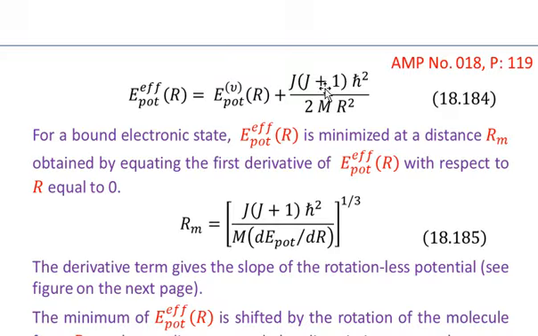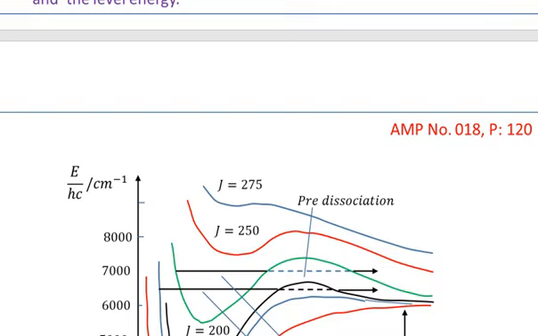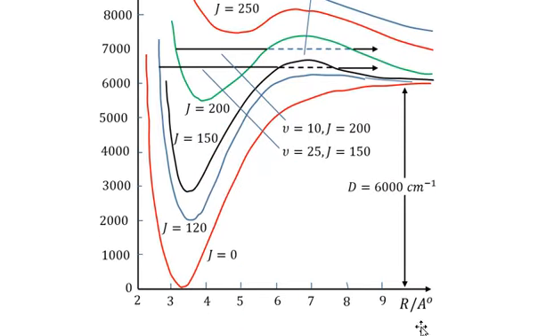Using different values of J, you can plot this function, and you will notice that the minimum of this effective potential is shifted to the right, that is towards a longer distance compared with the value of Re. For example, for J equal to 0, the Re value is over here.